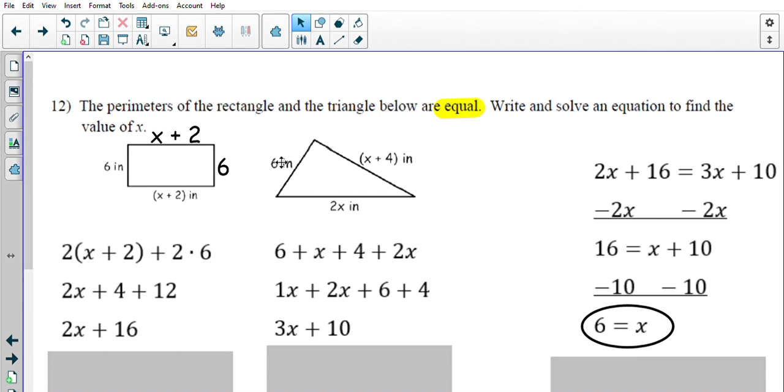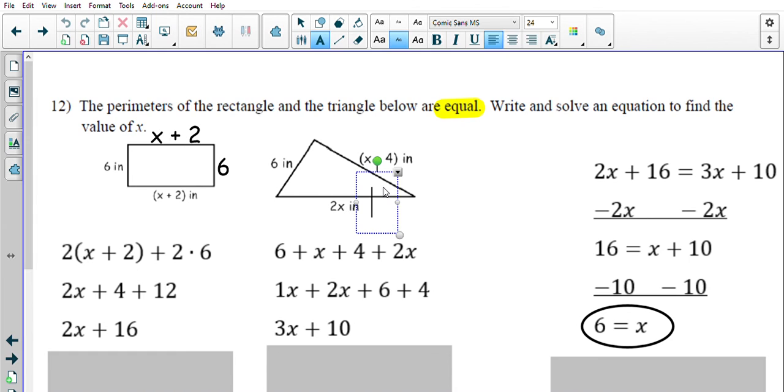So for this triangle here, if I replace x with 6, then this side right here, 2 times 6 is 12. 6 plus 4 is 10. So the perimeter of this would be 6 plus 10 is 16, plus 12 is 28.